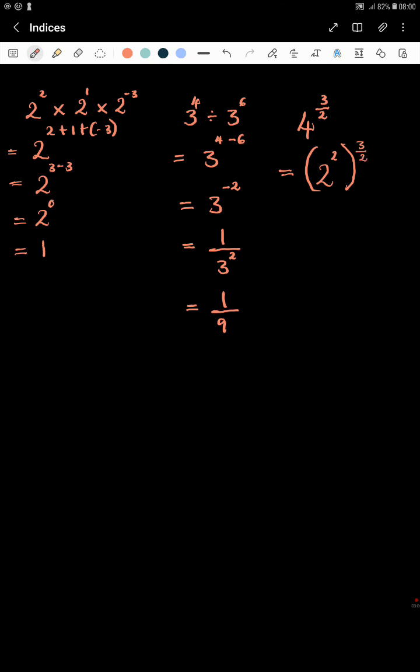According to the laws, if any number is raised to a power and then raised again to another power, you simply multiply the two powers. The power inside is 2, and the power outside is 3 over 2. If you multiply 2 times 3 over 2, you end up with just power 3. So this is equal to 2 times 2 times 2: 2 times 2 is 4, and 4 times 2 is 8. So your final answer here would be 8.